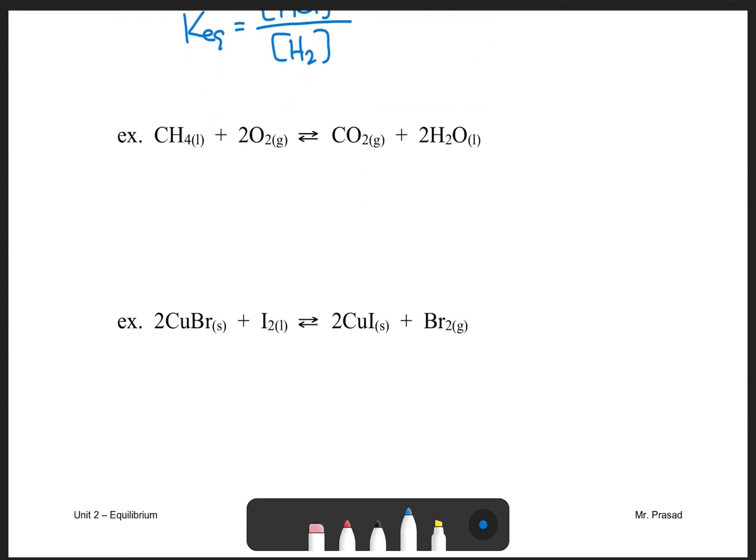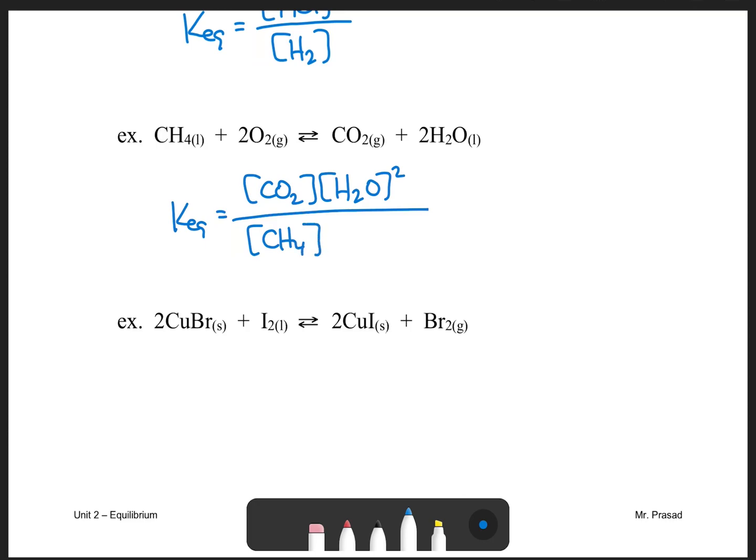The next example has two liquids present. So in this case, since there are two liquids, we do not have a pure liquid, and we must use both of them in our KEQ expression. Products over reactants.